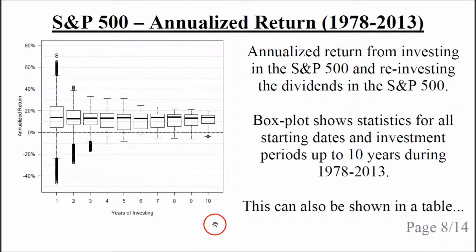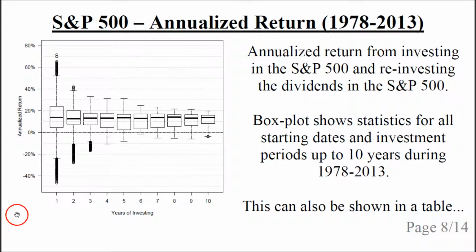And if we have an investment period of, let's say 6 years, then we have almost no losses. There are only a few of them that are smaller than zero, and they are only like minus 2% or so. And the greatest annualized return is something like 25%. And the median is maybe, I don't know, 12 or 13%.